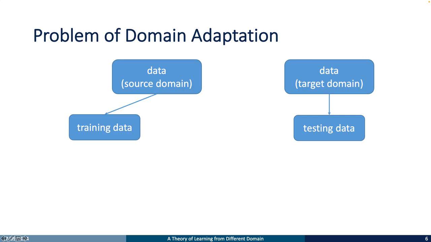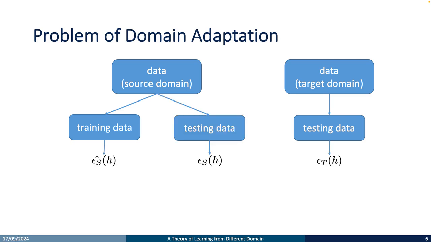Let's now discuss the causes of domain adaptation in more detail. There are datasets from two domains, the source domain and the target domain. The source domain refers to the distribution of the training data, while the target domain refers to the distribution of the testing data when the model is deployed. To formalize the generalization bound in the target domain, we sample another testing dataset from the source domain.